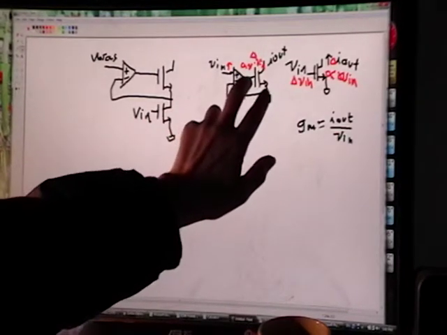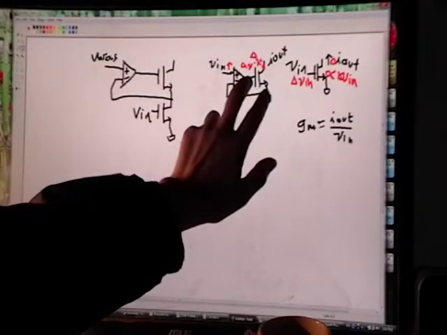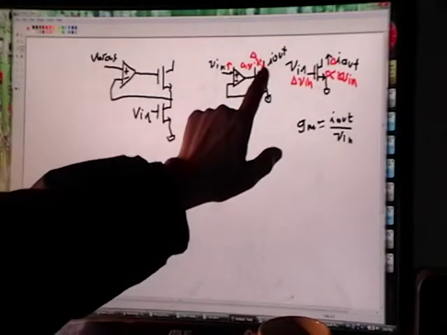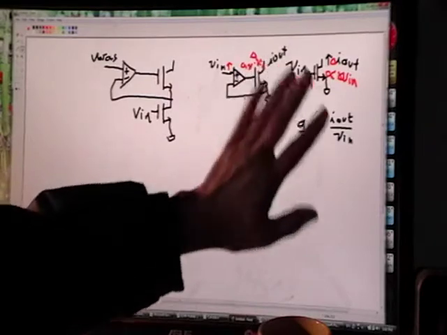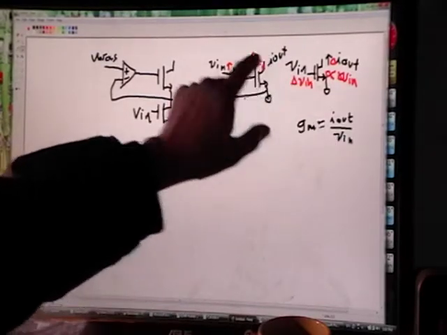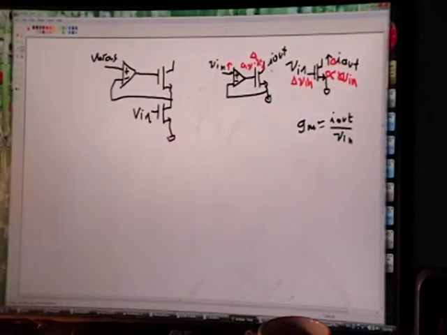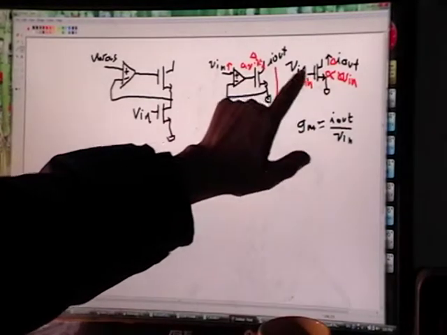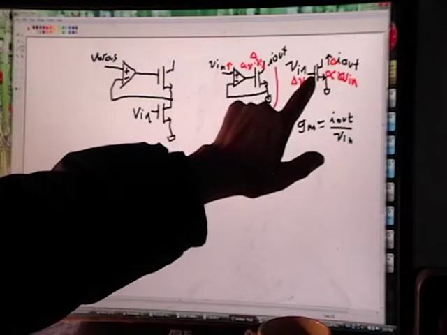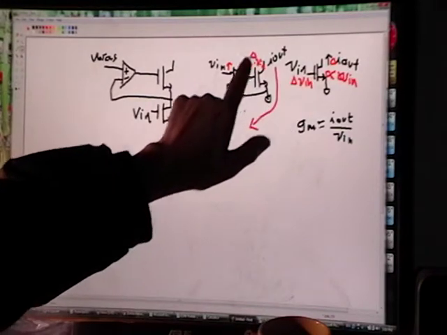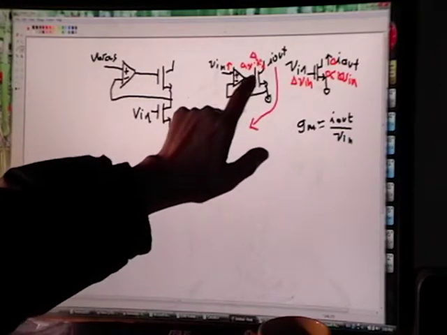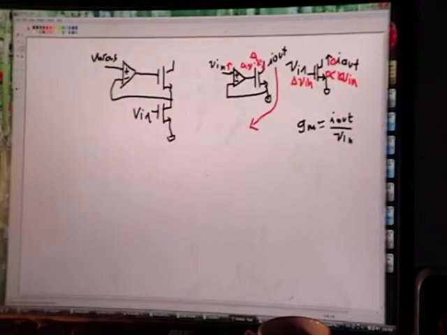And if the voltage across VGS changes AV times as much, then, if we're in a legal linear region, the change in the current changes by AV times as much.